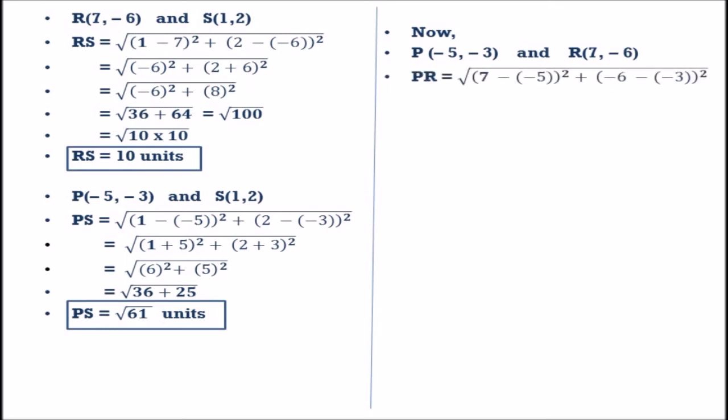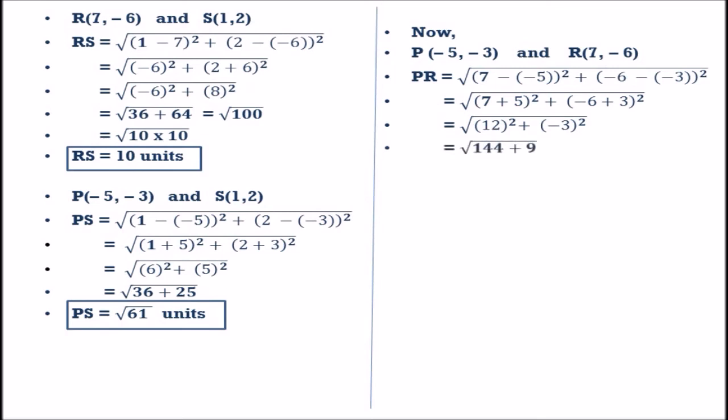Distance PR equals under root (7 - (-5)) whole square plus (-6 - (-3)) whole square. 7 minus minus, the sign will change, plus, so 7 plus 5 whole square plus -6 minus minus, the sign will change again, -6 plus 3 whole square. 7 plus 5 will give us 12, so 12 whole square plus (-6 + 3) whole square, 6 being the bigger number, minus sign will carry on. 6 minus 3 will be 3, that is minus 3 whole square.